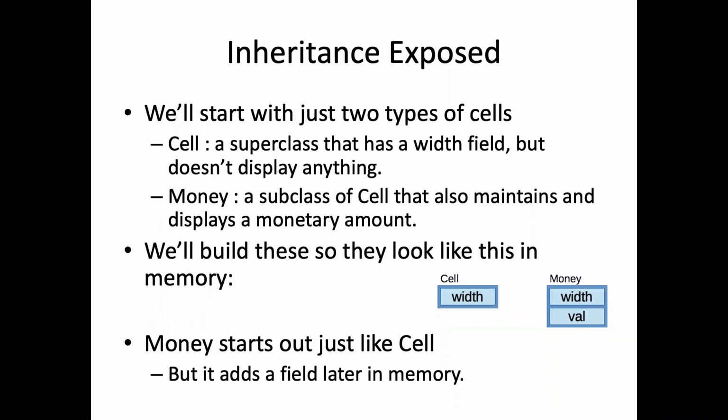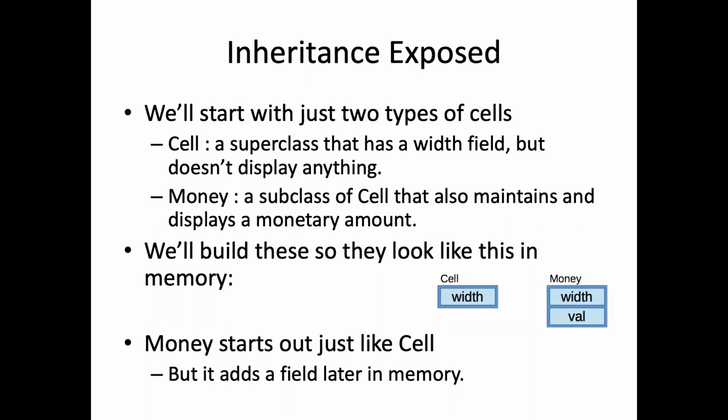One for the superclass. We're going to call it cell. And the only thing the superclass is going to have is it'll know how wide it needs to be. So it'll know the horizontal number of spaces that it wants to have to lay out nicely, for the organization to work nicely. We're also going to make a subclass that's for storing money, and we'll call it money.